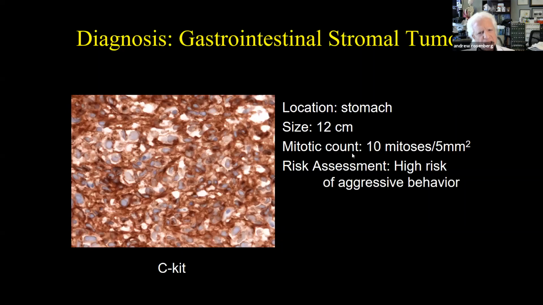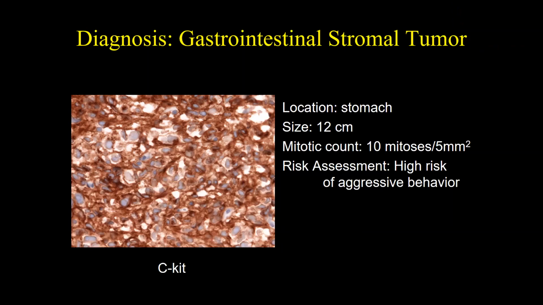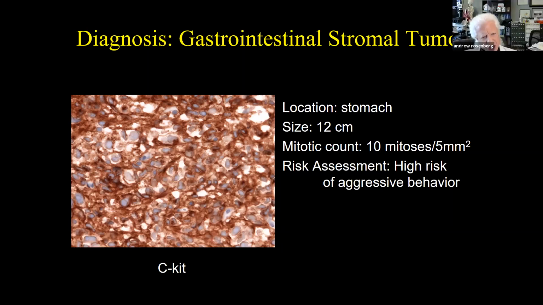And based on these three components, I can assess the risk of the tumor of having a high probability of behaving in aggressive fashion. And what does aggressive fashion mean? The patient is at risk for developing a local recurrence. The patient is at risk for developing metastatic disease within the abdominal cavity or potentially the liver.